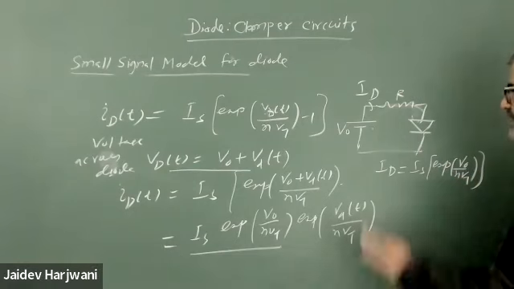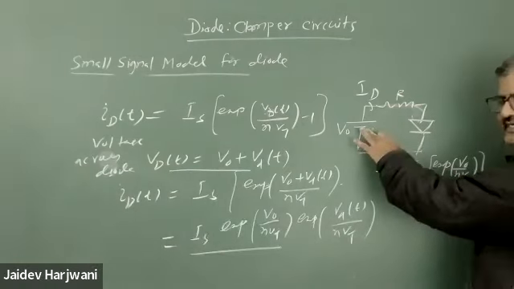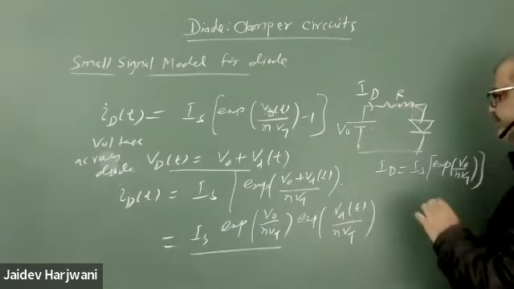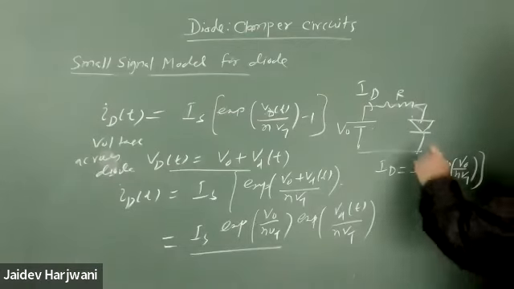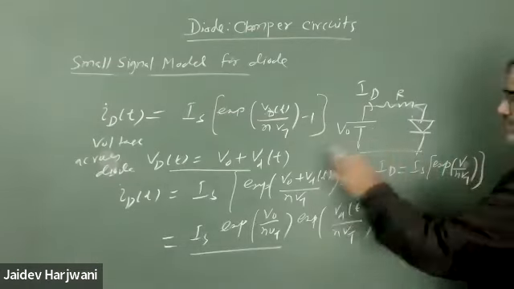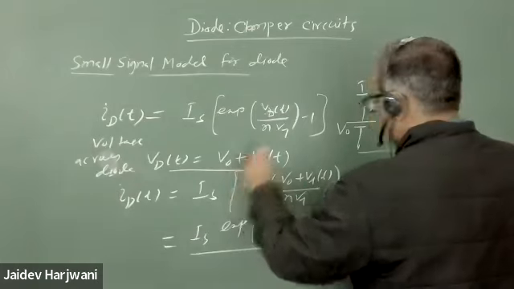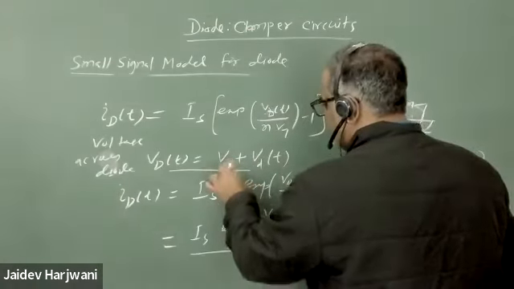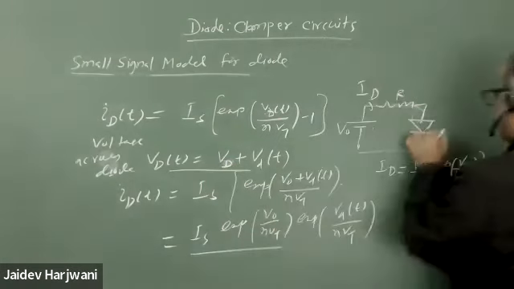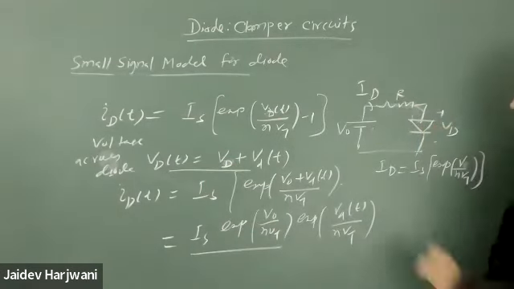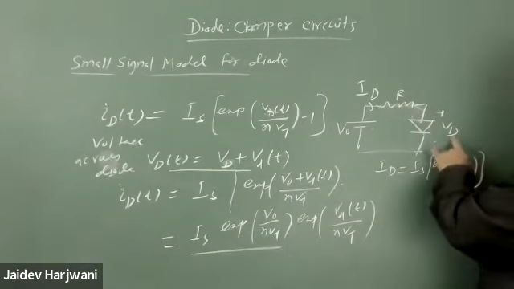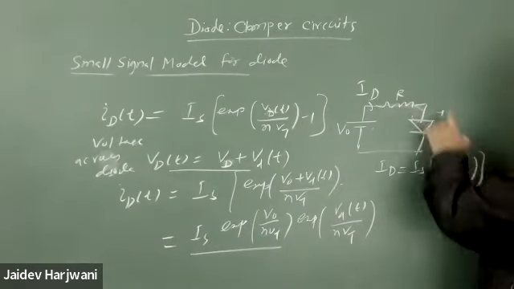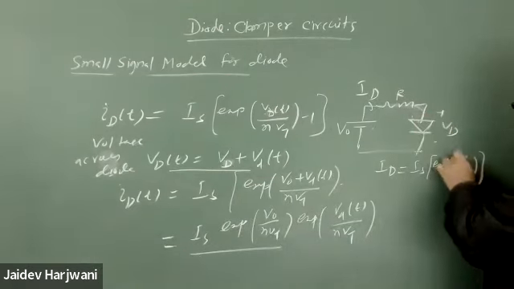Only if this voltage is there, then how do we write the forward current? Suppose here the voltage is fixed voltage VD.